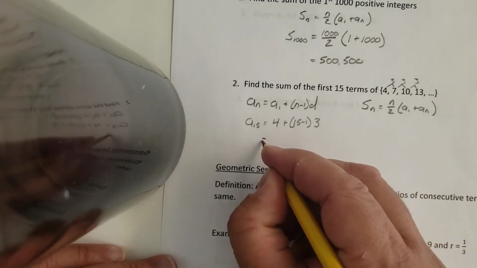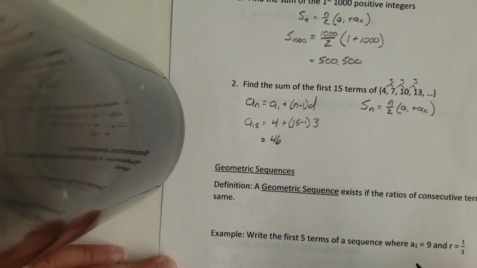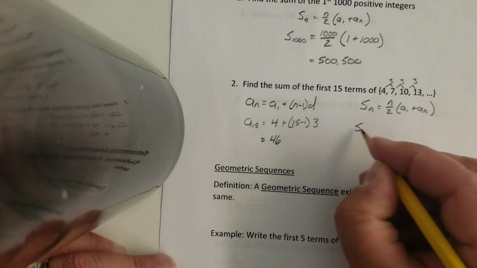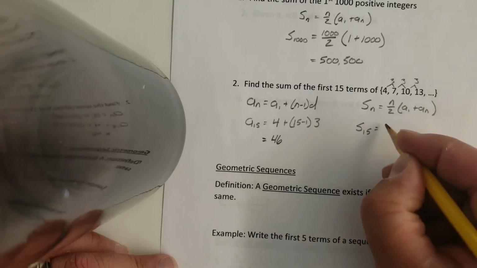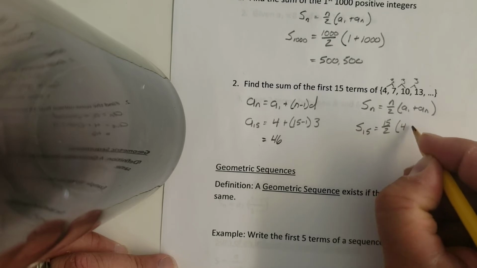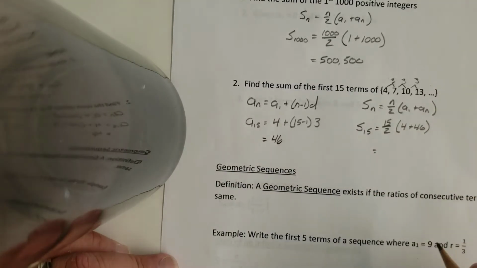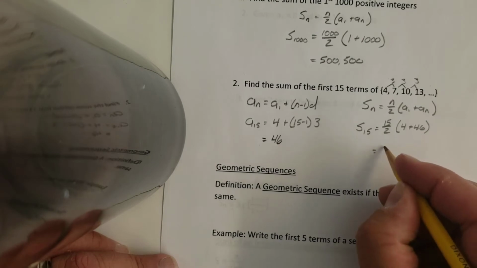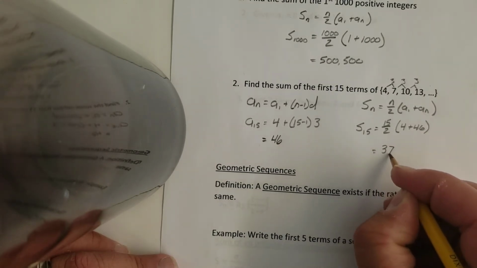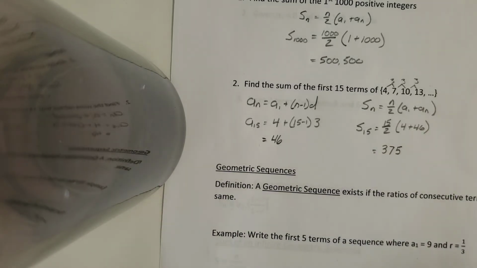And when you put that all in your calculator, you should have no problem getting 46. So we come back here. The sum of the first 15 terms is 15 over 2 times 4 plus 46. And your trusty Texas Instrument calculator will give you 375.